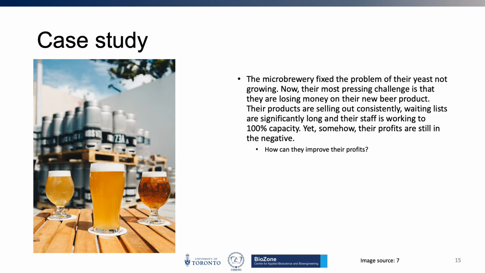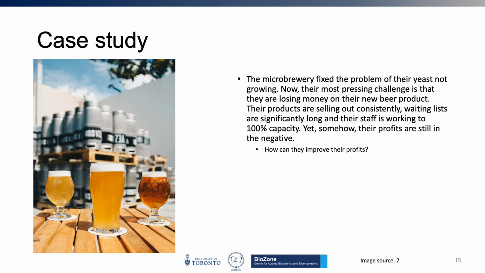So where I was trying to go with this is to get you to think about the economics of this, to think about bioprocess economics from a more real life scenario, before I build on some of the concepts that are needed to describe it. You can see from the case study that demand is not a problem.